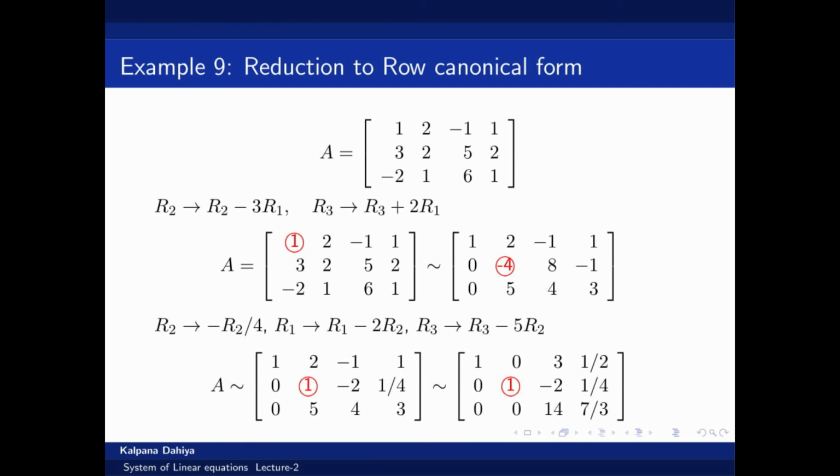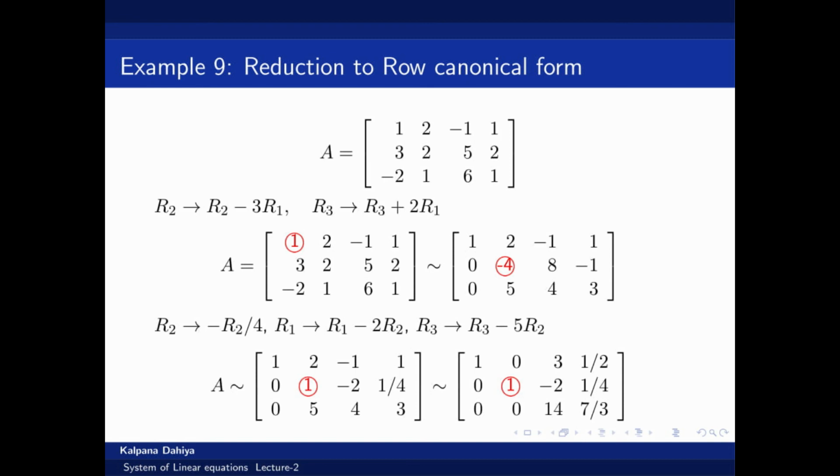I have circled the first pivot element 1 in red color. I will apply these two operations, and finally the matrix reduces to 1, 2, -1, 1, first row as it is. Now the second row is 0, -4, 8, -1, and the third row is 0, 5, 4, 3.